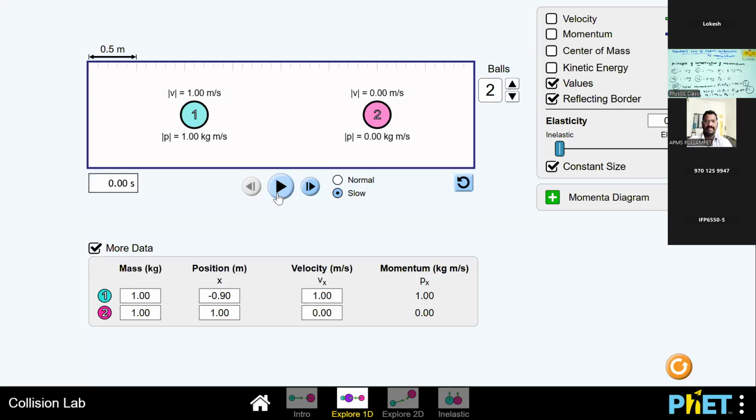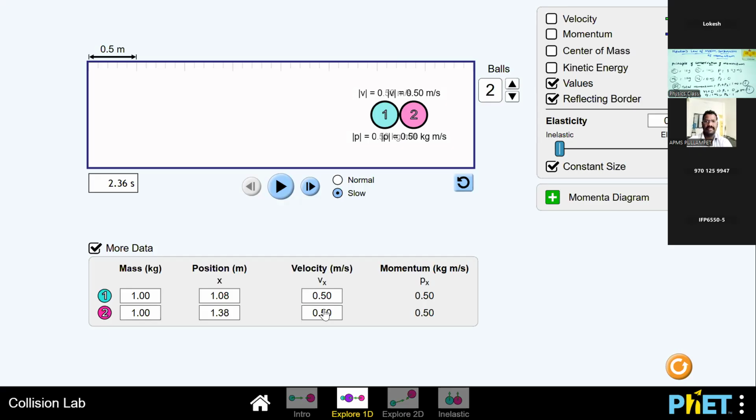Right, let's run. Both balls move together at a slower speed. You can see the velocity is 0.50 meter per second. So the balls stick together. That is known as the inelastic collision.